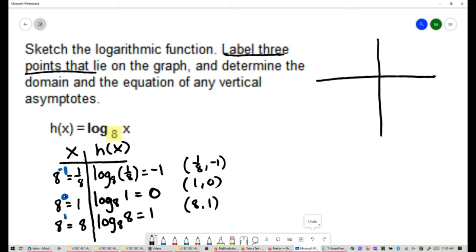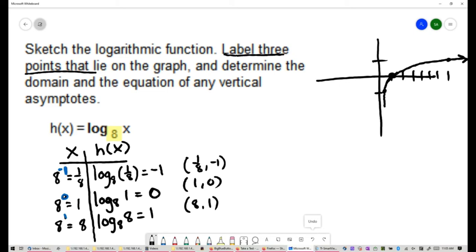So 1/8 and -1 would be about here, 1, 0 here, and 8, 1 would be about right here. So our logarithm takes the shape, almost looks like a square root, but the square root stops at 0.